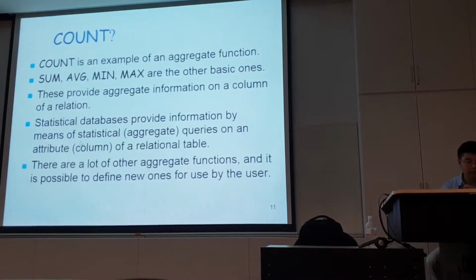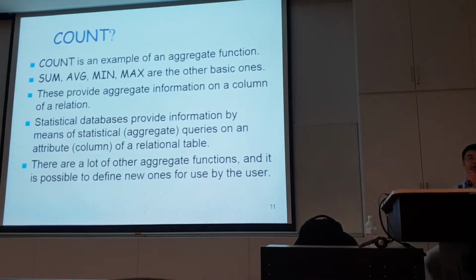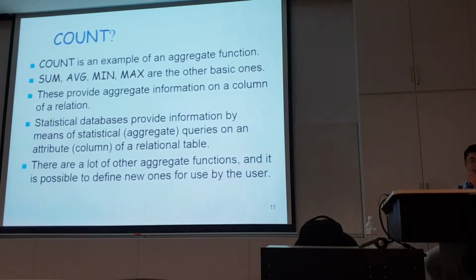Count is one of the so-called aggregation functions. There are other examples, for example the sum, where you can calculate the sum of all the salaries for all the employees, the average, the mean, and the max, and so on. These are all the so-called aggregate functions.